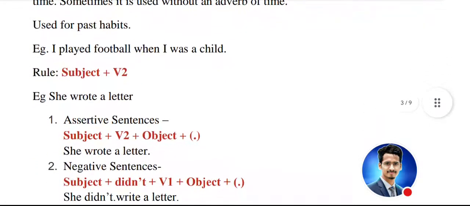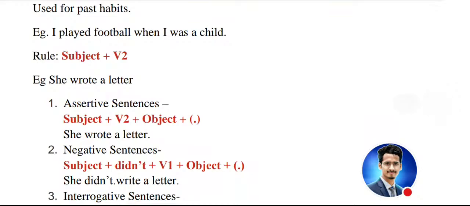For example, I played football when I was a child. The rule is subject plus V2, which means verb past form.